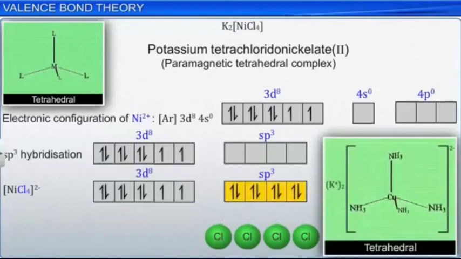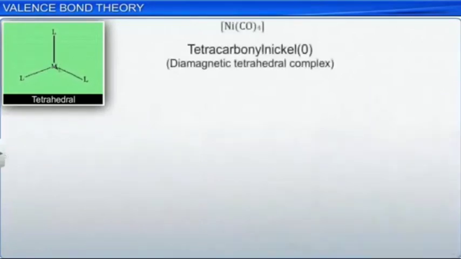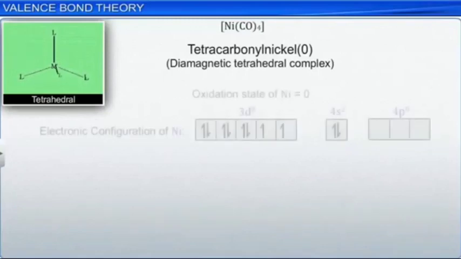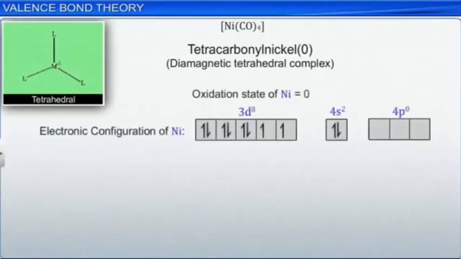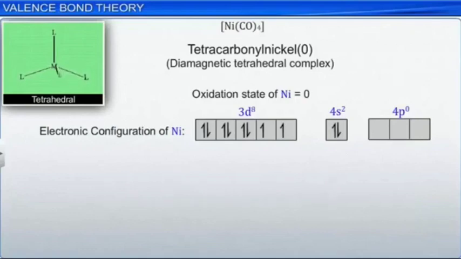Tetracarbonyl nickel 0 is an interesting example of diamagnetic tetrahedral complex. In this complex, the metal atom nickel is in zero oxidation state. Experimental studies suggest this complex to be diamagnetic in nature. This is possible only when the paired electrons in the outer 4s orbital pair with the electrons in the 3d orbital.